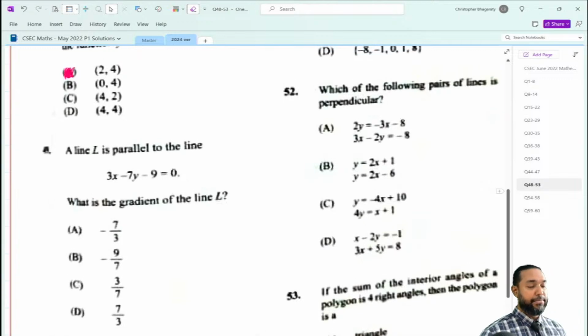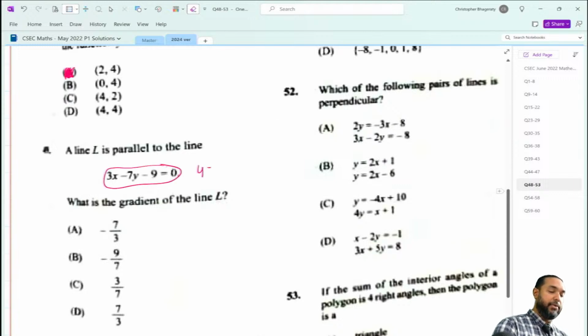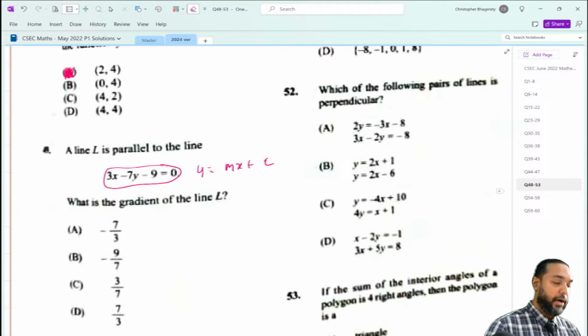A line L is parallel to this line here. What is the gradient of line L? When two lines are parallel, what do they have in common? What is equal? The gradient, right? To extract the gradient from the equation, it has to be in the form y equals mx plus c. So to do so, we could carry across the 7y, so we would get 3x minus 9 is equal to 7y.